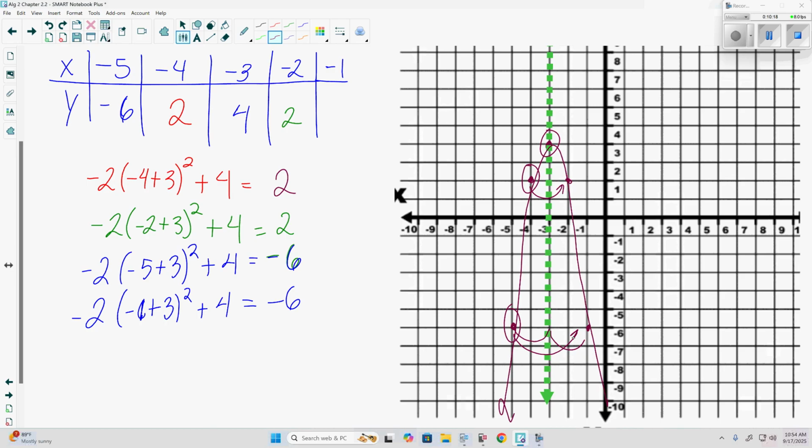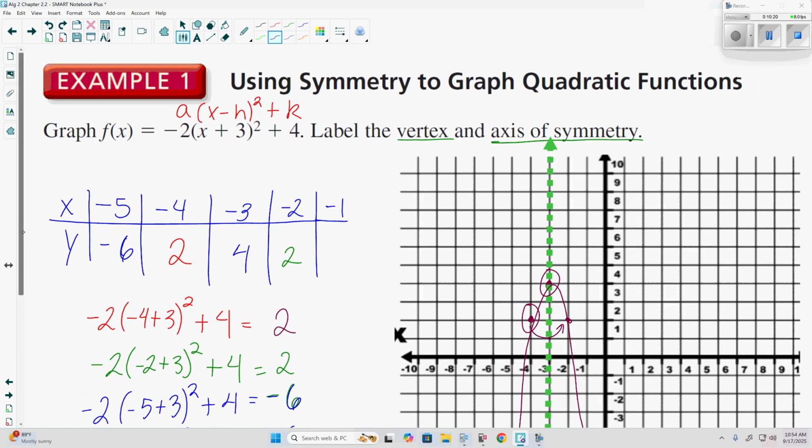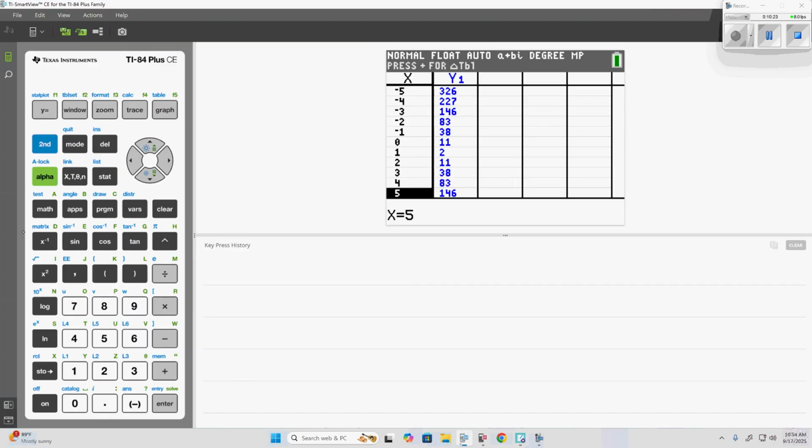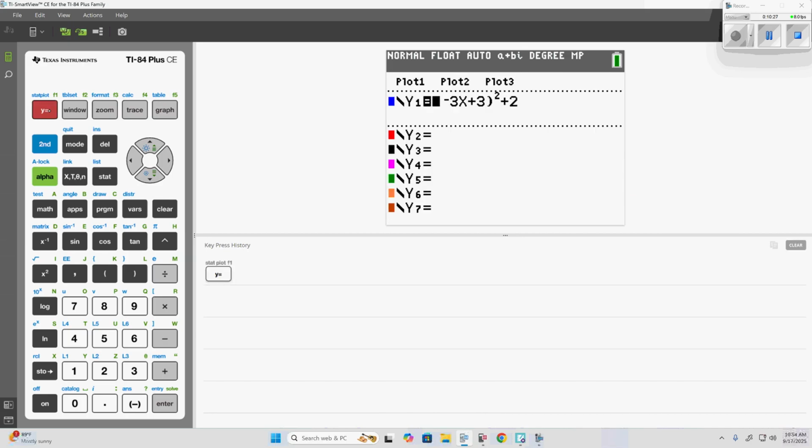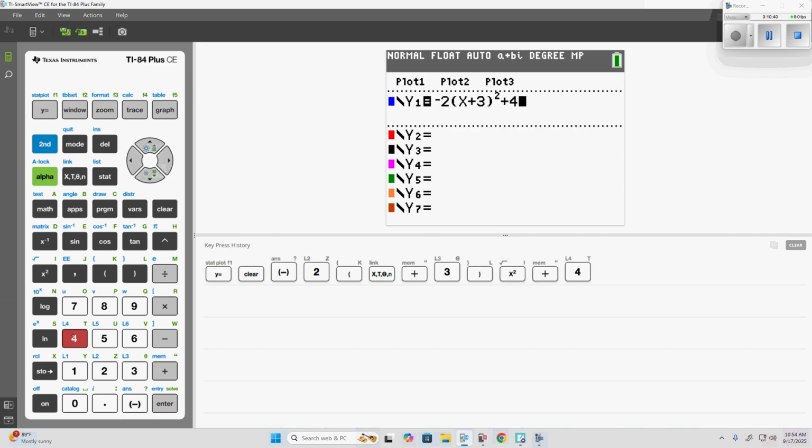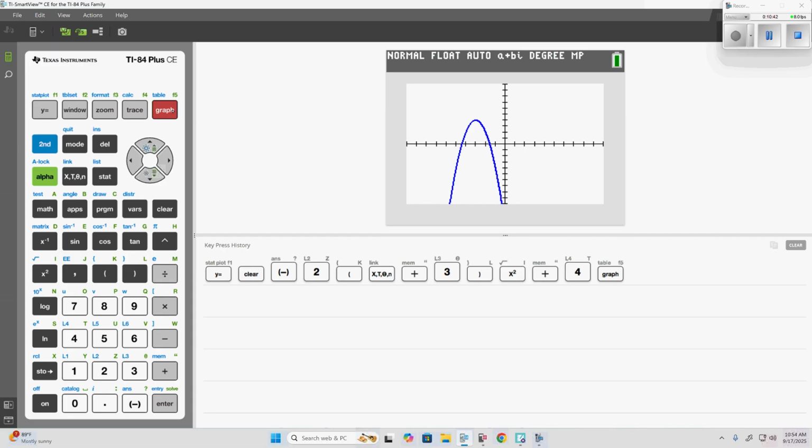The reason I'm not focused too much on graphing, because we will do this, is the graphing calculator. If we hit that y equals, it lets us graph. And in this first spot here, we can type this function in, -2 times (x plus 3) squared plus 4. That is the graph we got, yes?